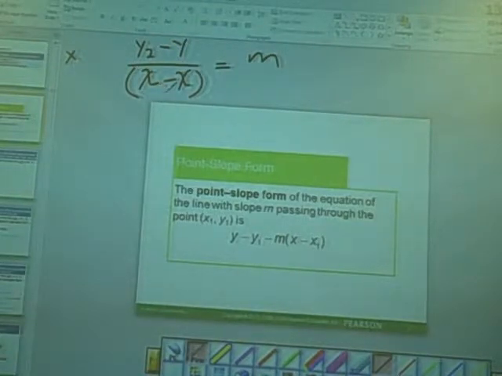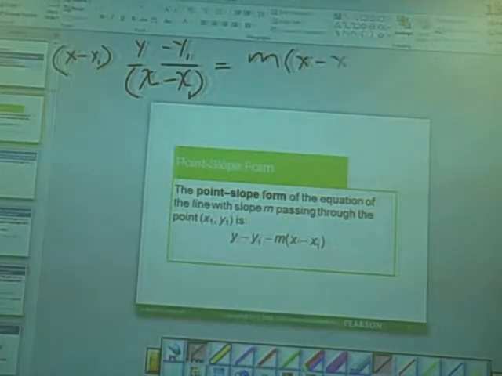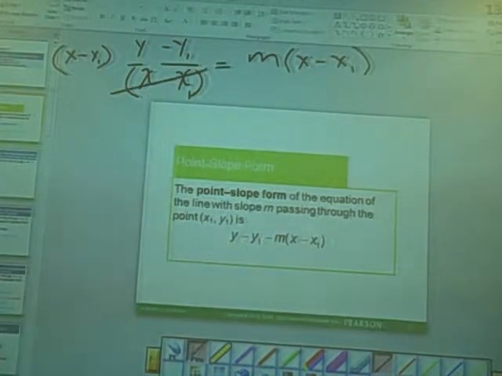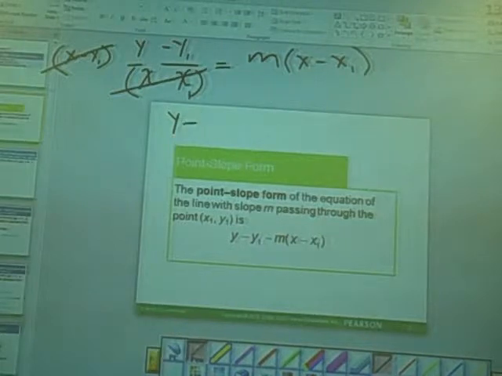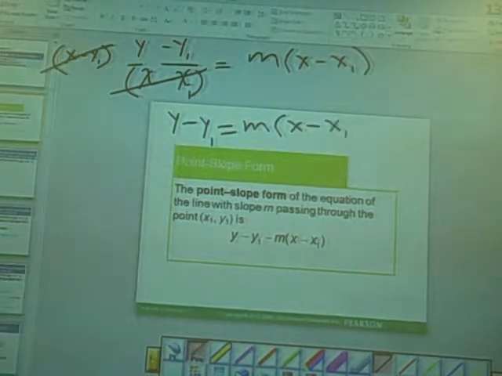actually, you should erase the x2 and y2, leave your x1 and y1. And so you're going to multiply x minus x1 to both sides, and you get y minus y1 equals your slope times x minus x1.